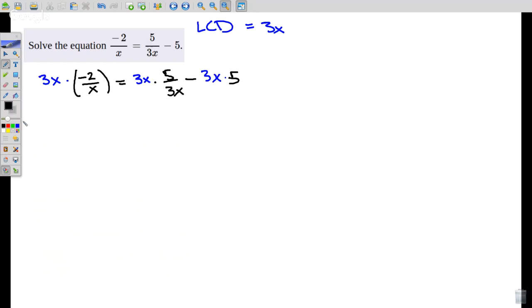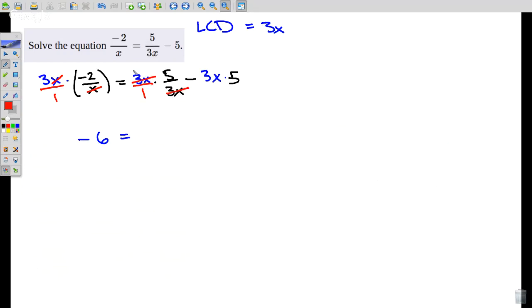So working from left to right, the x's here divide out. That leaves 3 times -2, which is -6, and there's just a 1 in the bottom, so don't have to worry about that. Over here, I have 3x divided by 3x, which cancels completely.